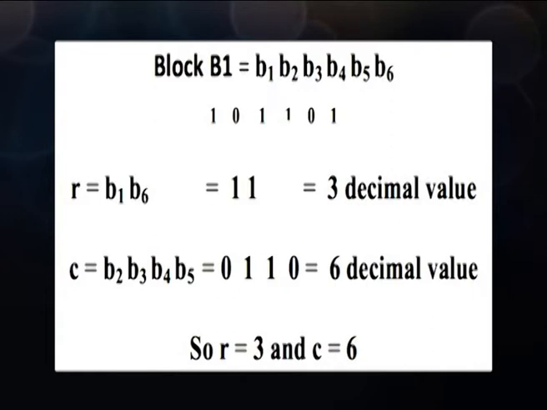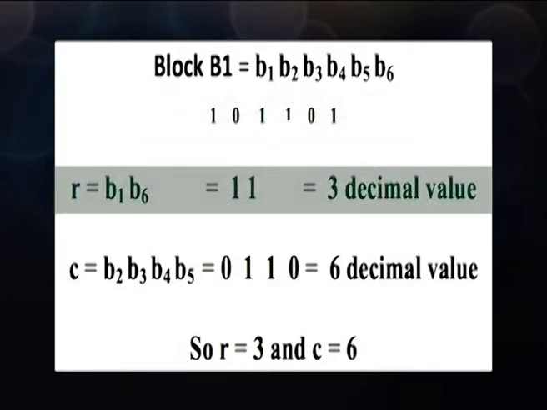Suppose that block B1 is a group of 6 bits b1, b2, b3, b4, b5, b6 as 1, 0, 1, 1, 0, 1. Bits b1 and b6 taken together form a 2-bit binary number, b1 b6 as 1, 1, having a decimal value from 0 to 3.